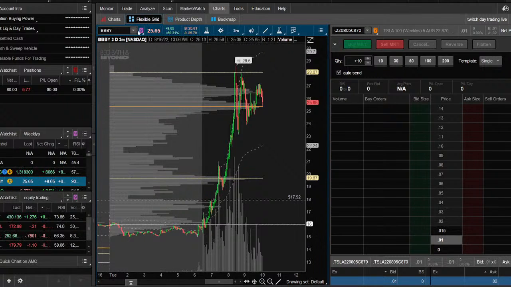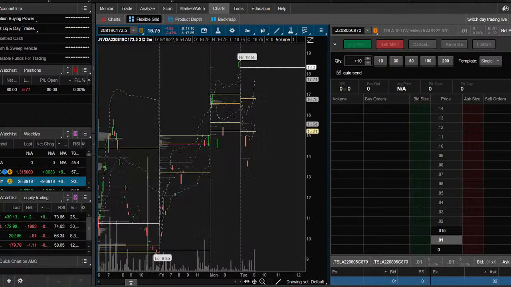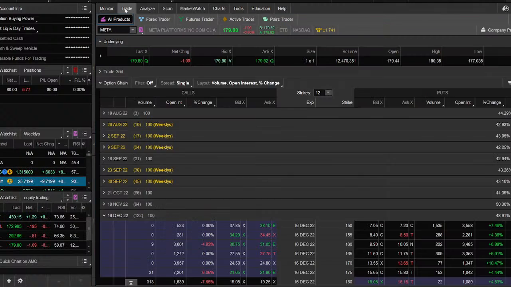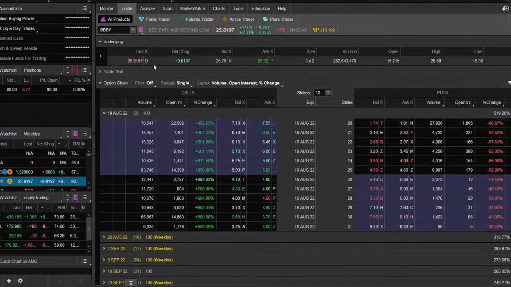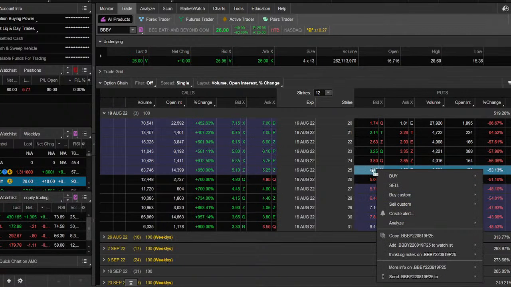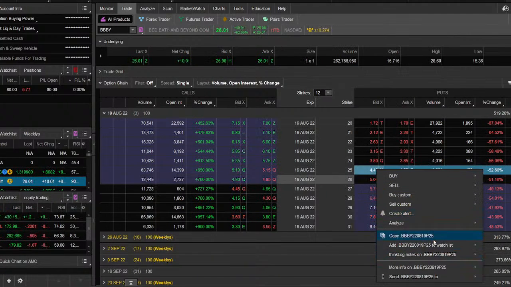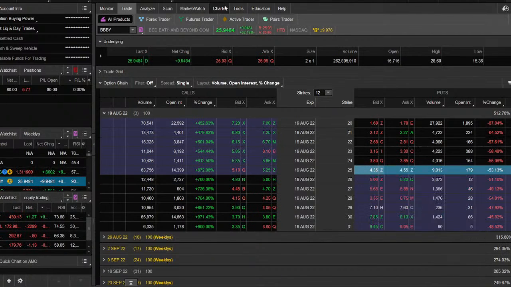But look at the option chain for this one, right? For BBIG. Let me try to show you guys. So let's say you go with the weekly trying to short these. Let's see if it would even be worth it. Man, these are up 700%. That's crazy. But let's say you want to go short here, because that's what everybody's trying to look for.